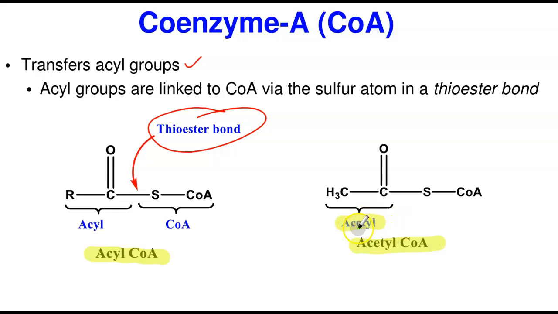So here, because it is 2, we call it acetyl-CoA. What it simply does is that it transfers acyl groups. This acyl group connected here can now be transferred to any other substrate or intermediate in a reaction. So the acyl groups are linked to the CoA via a sulfur atom in a thioester bond. Like I said again, this is the thioester bond, and that is the main function of coenzyme A.